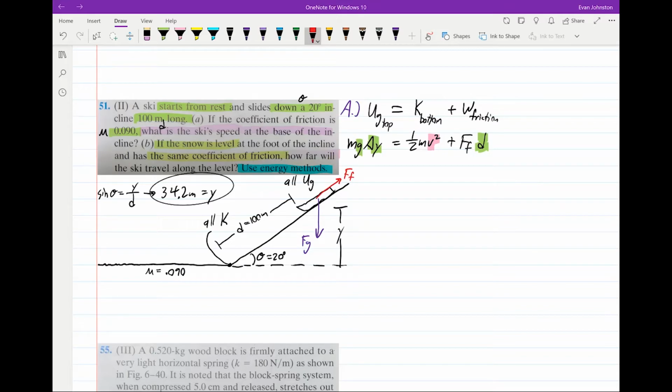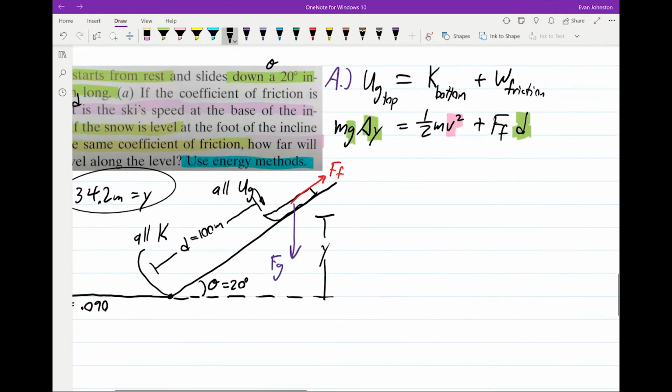Now, aside from that, we also 100% have a normal force. So our normal force, if I zoomed in a little bit, goes straight up off the surface. Essentially, there's a 90-degree box between the normal force and the surface itself.